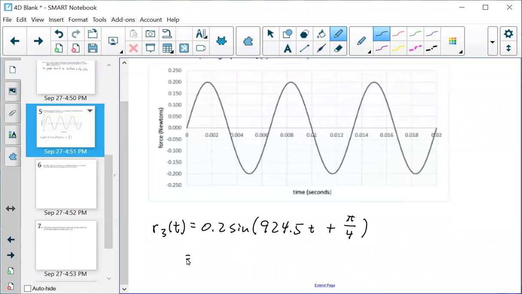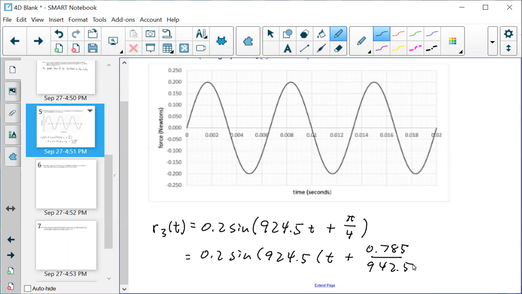It's going to be equal to 0.2 sine of 942.5 times the quantity t plus 0.785 over 942.5, close the parentheses.